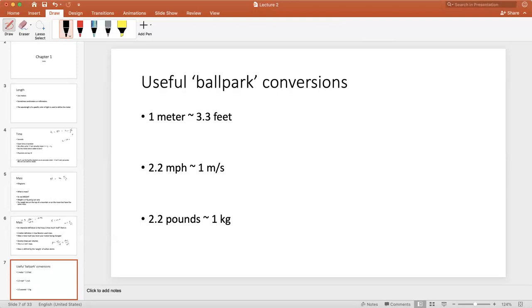It's actually closer to 3.3 feet. So in general, I go with about 3 feet. I'm 6'3". I'm about 2 meters tall. If something's 4 meters tall, it's about 13 feet high. That's pretty high. 4 meters is pretty high to humans.